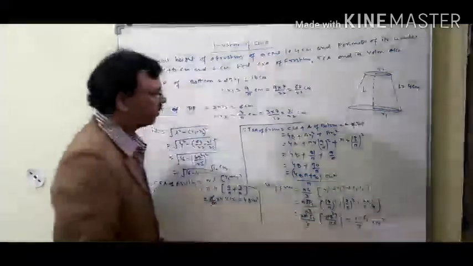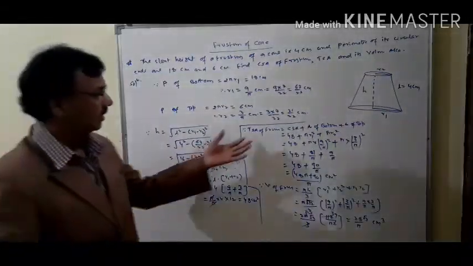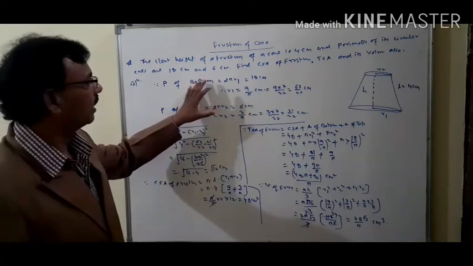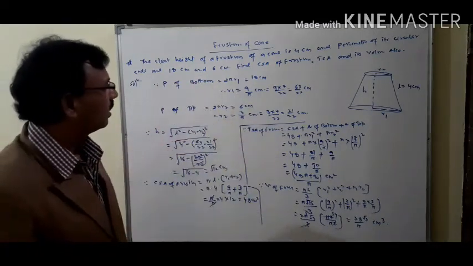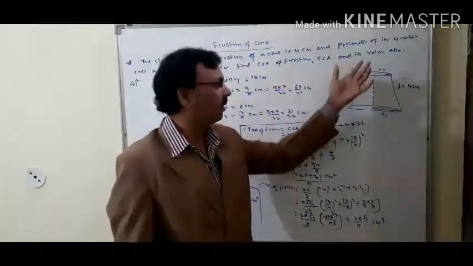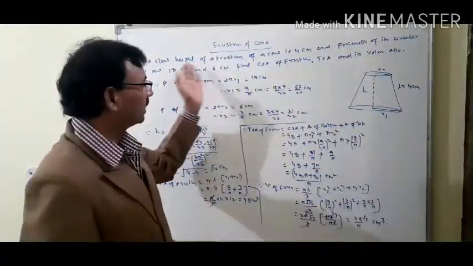This is the volume of this frustum. I hope you have understood how to find the CSA, TSA and volume of a frustum if a question is given like this.